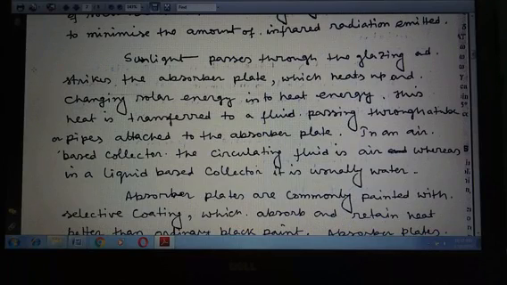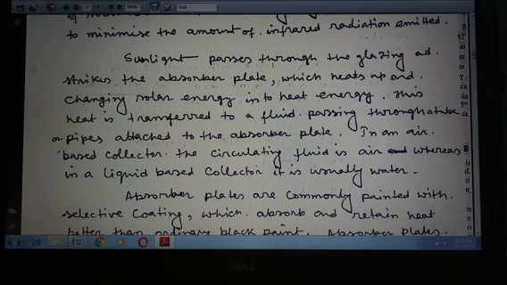The sunlight passes through the glazing and strikes the absorber plate, which heats up, changing solar energy to heat energy. This heat is transferred to the fluid passing through the tube or pipe attached to the absorber plate.